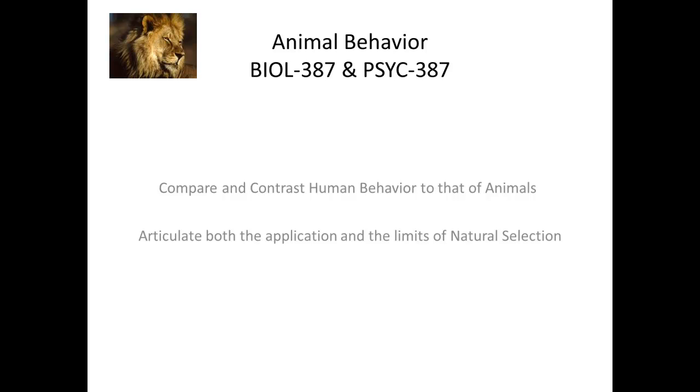You will find that in this course, especially in the textbook, Darwin's theory of natural selection is prominently featured, and the reason for that is that biologists typically like to have a framework of understanding. In modern biology, natural selection, Darwin's thought, if you will, is that framework.